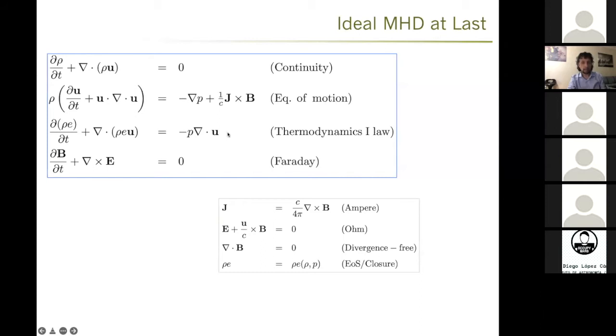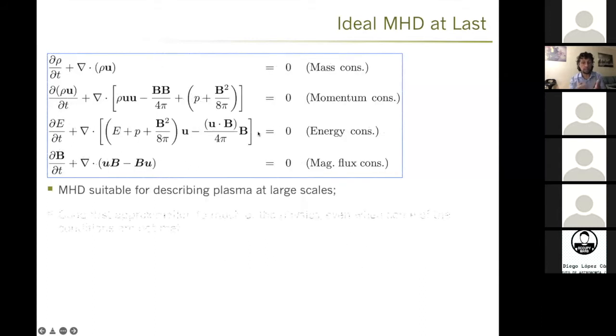Then there is a third term, which comes essentially from collisions, and that's called resistivity. Resistivity refers to the microscopical process when, because of the friction between ions and electrons, you start exchanging energy between the two species. And that will modify the electric field as well as add one extra term to the energy equation, because you heat up the plasma.